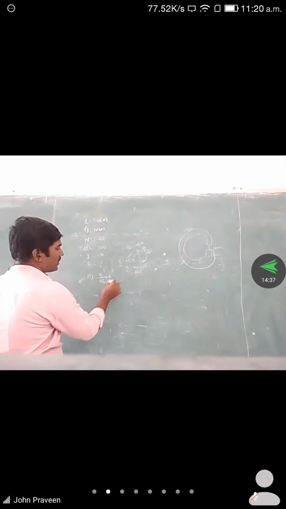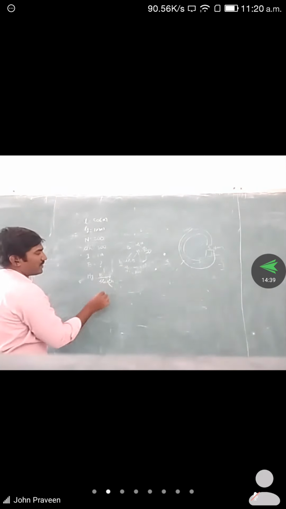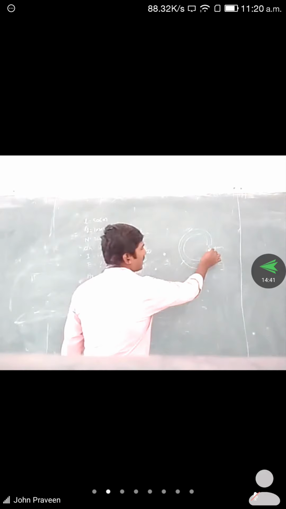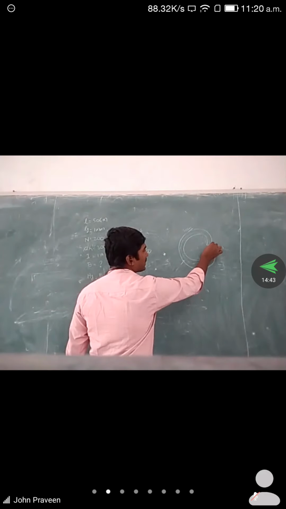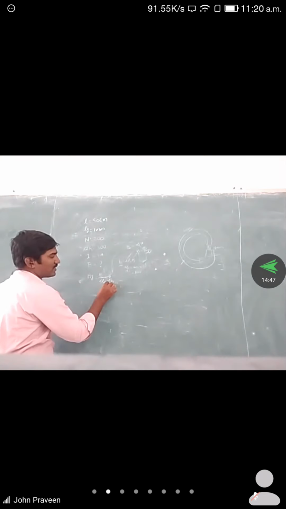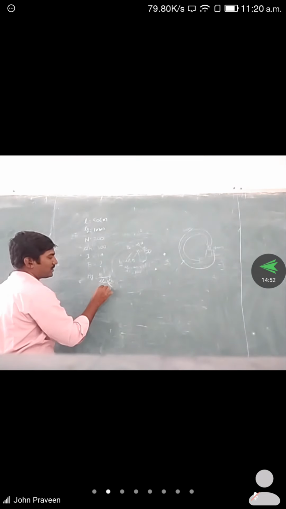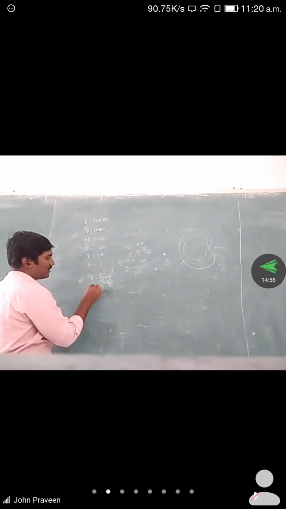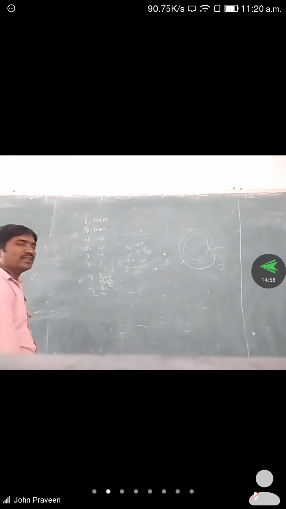Here, in case of the air gap, there is no material provided. So there is no conducting medium. Air will be acting as the medium, so instead we take mu r as 1. So then the formula becomes B by mu naught. So that is the field strength in the air gap.